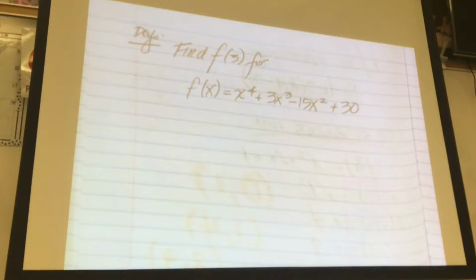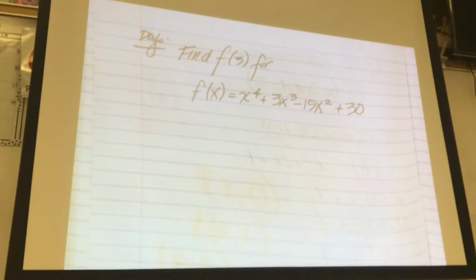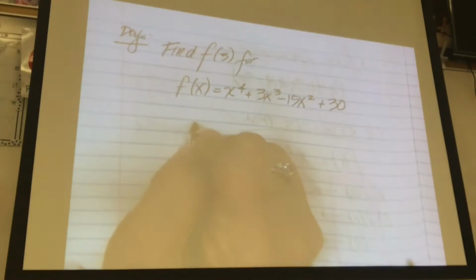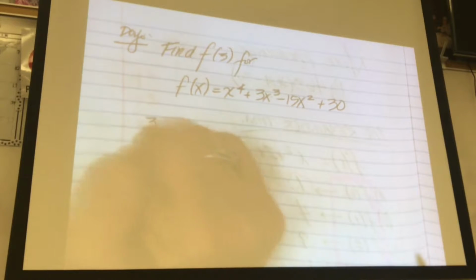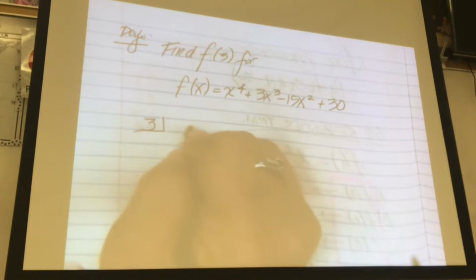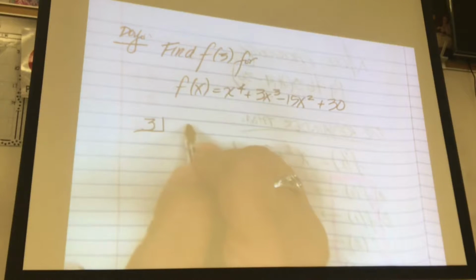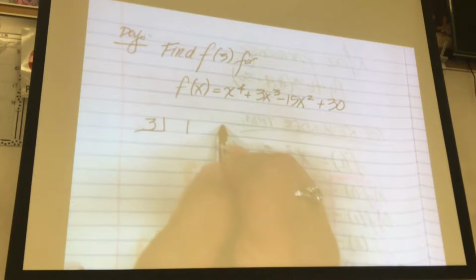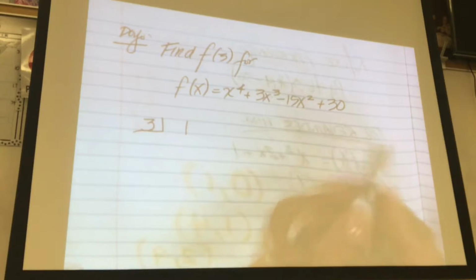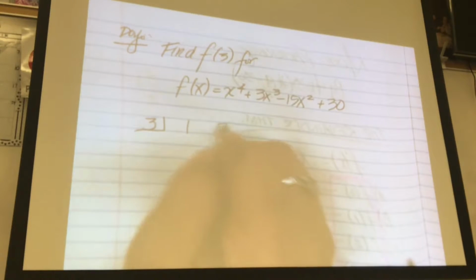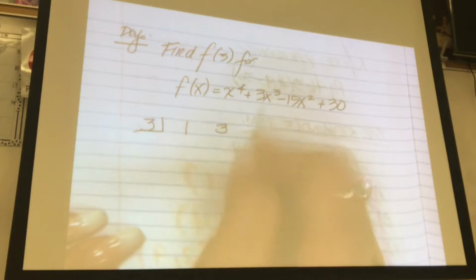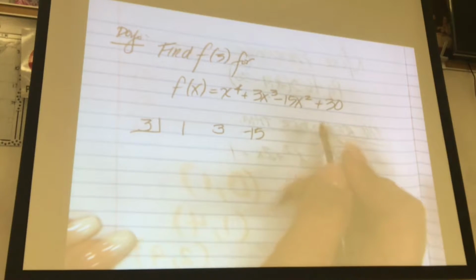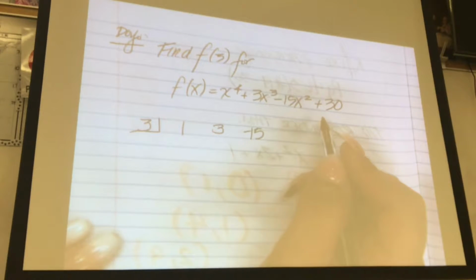Now I'm telling you to find the easier way to do this. So what goes on the side? What's in front of x to the 4th? What's in front of x cubed? Good, 3. What's in front of x squared? What's in front of x?